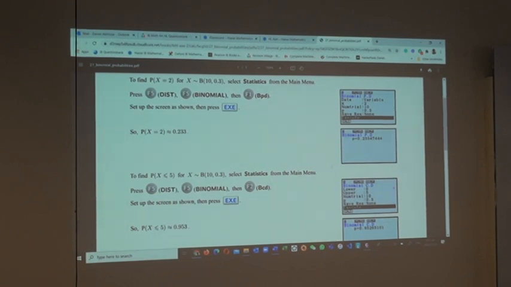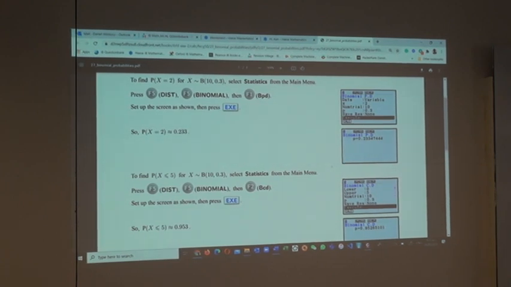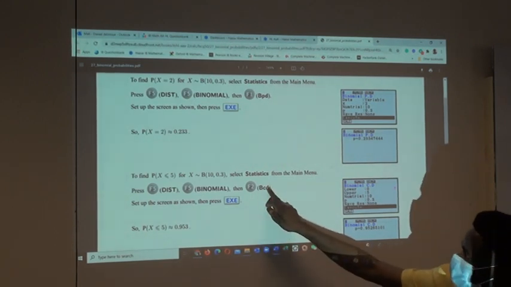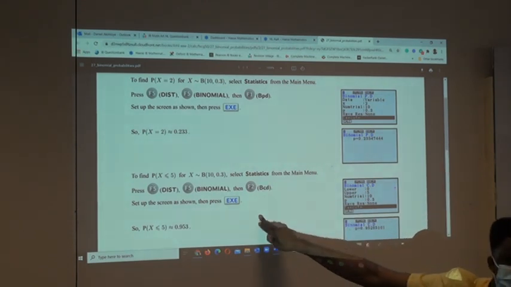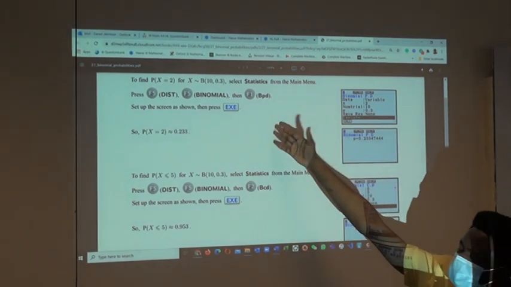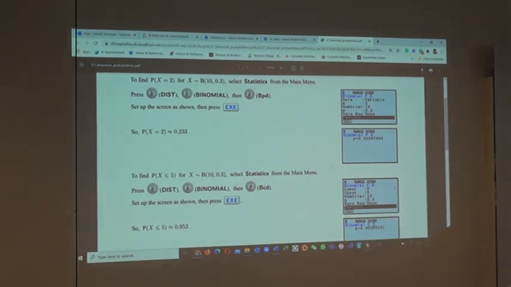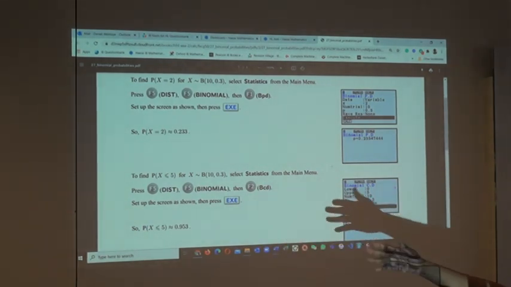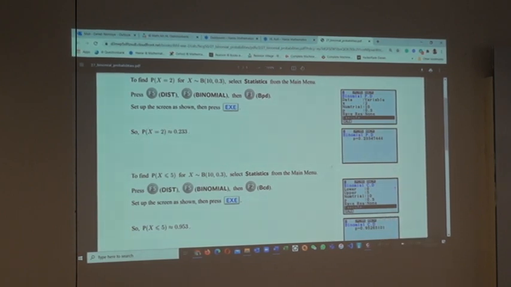BPD, BCD, binomial probability distribution. I want to believe this is the cumulative one, because remember, it's everything from a place to a place. Can you see the difference? Yeah. F1, F2, the difference. This, we are just looking for the exact probability. But here, we are talking about from one point to another, less than or equal to 5. Okay?